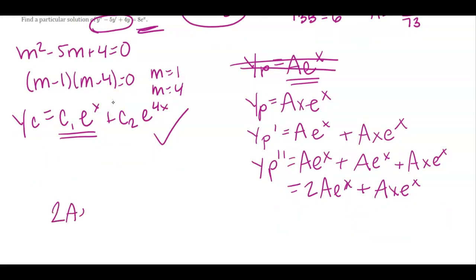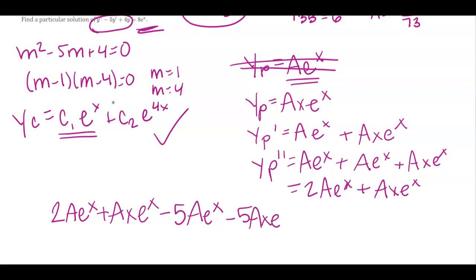So 2a e to the x plus ax e to the x minus 5 of yp prime plus 4 of yp.